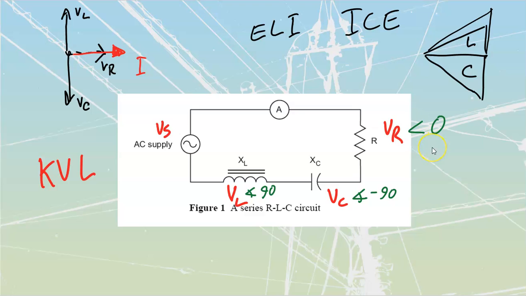In practicality, in the physical aspect of it, when I have current traveling through this resistor, it's going to build electrons up over here and drive electrons away from over here. As it drives electrons away from there, it's going to build those lines of magnetic flux around that inductor. And what we're going to see is that we're able to shuttle current back and forth between these two, which does not necessarily have to go through the supply.